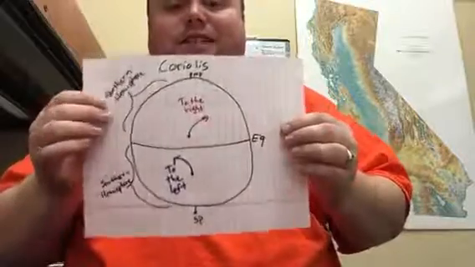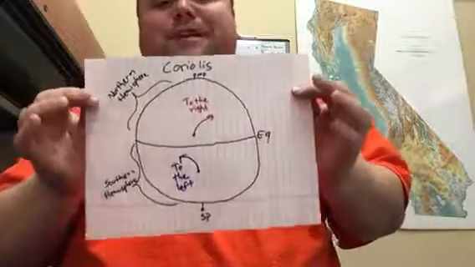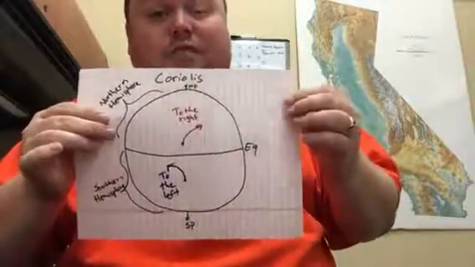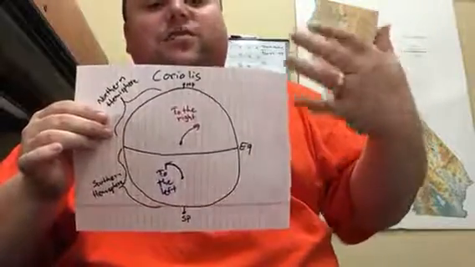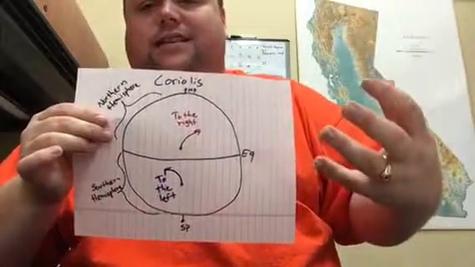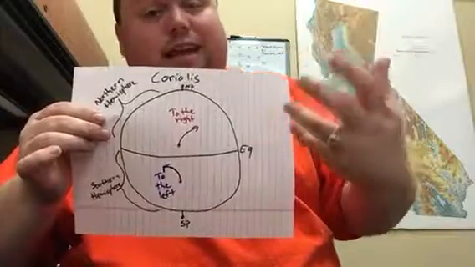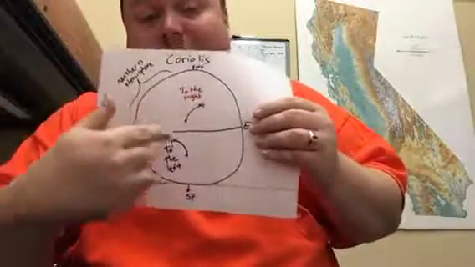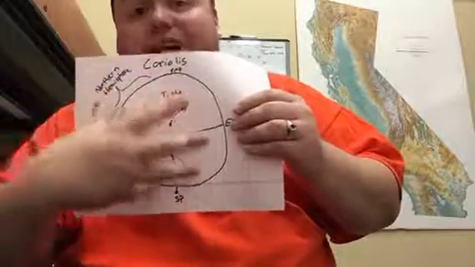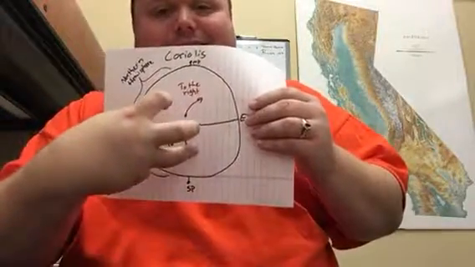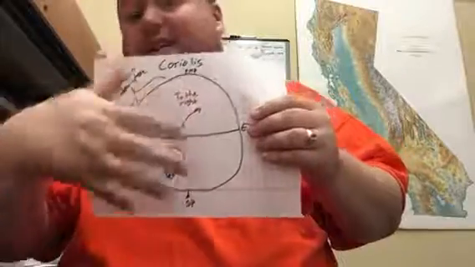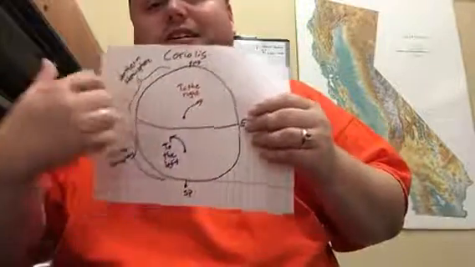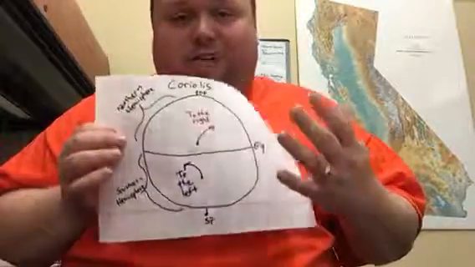The second thing that affects the Coriolis force is the speed of the wind. If the wind is traveling really fast, it's going to have a higher Coriolis effect. This is why hurricanes spin very rapidly, because that Coriolis effect is really intense. When winds slow down, the Coriolis effect weakens as well.